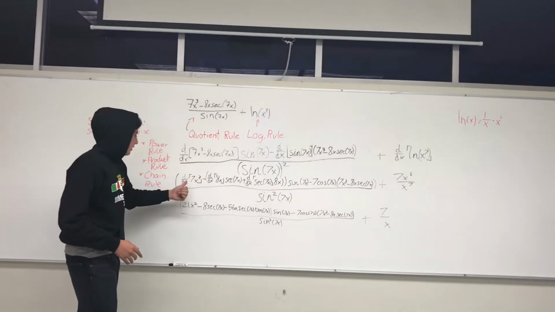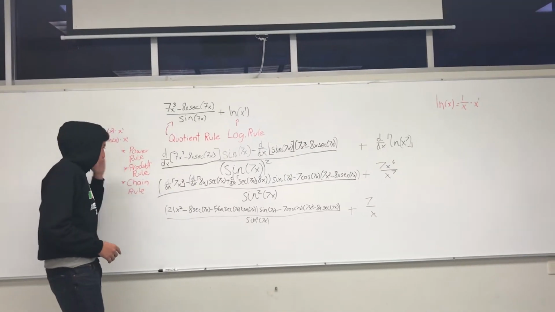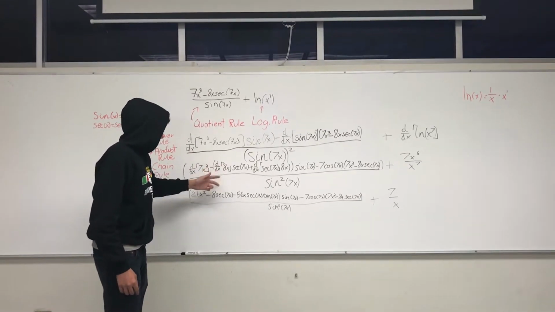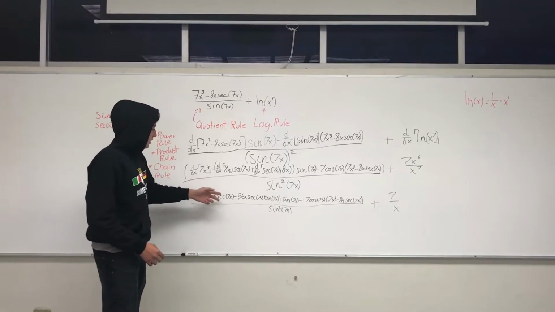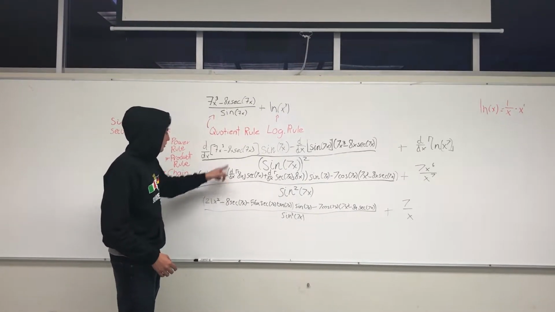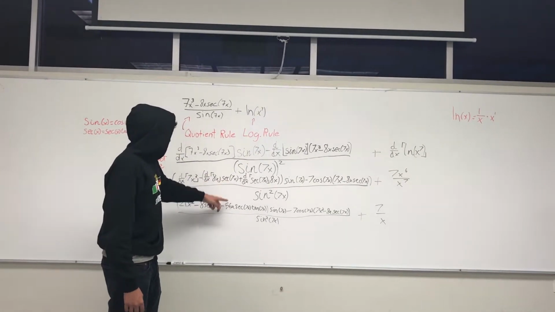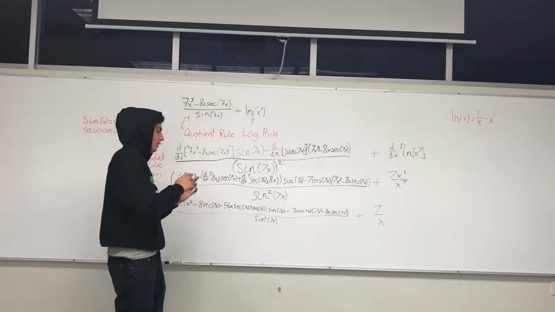Here we pass 7x cubed, the derivative is 21x squared, because of the power rule. Then here 8x is also because of the power rule, and is 8 times secant 7x, minus, because this negative sign multiplies the whole quotient, and 56x times secant of 7x times tan of 7x.